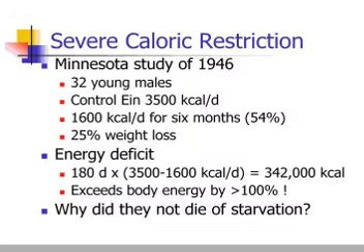And Brozak and Keys went out and recruited 32 conscientious objectors. From what I've been told by some of their students, they basically went out and said, you know, you've been accused of being cowards, you're not going into the army. Come prove how brave you are. Join my study. Yes? Did they get adequate nutrition? Yes, we'll get to that.